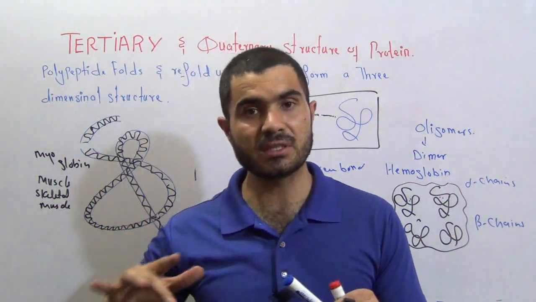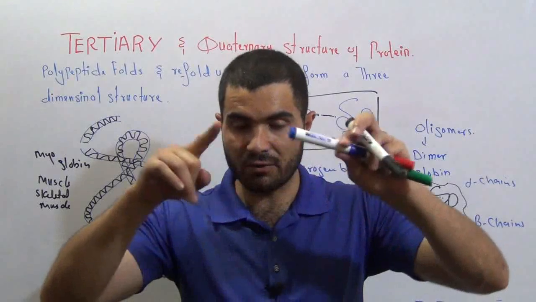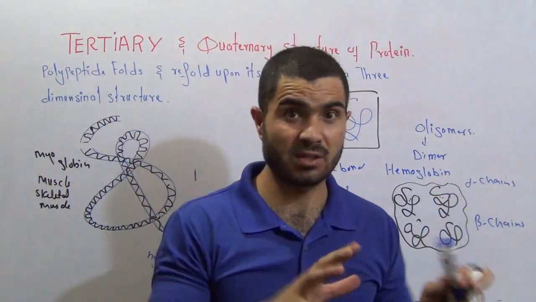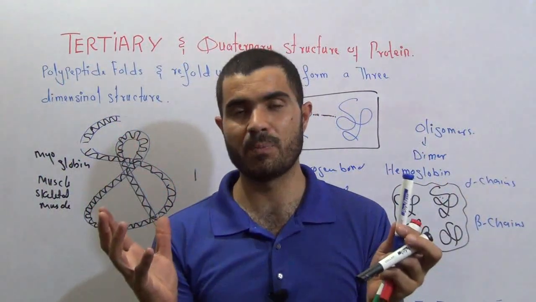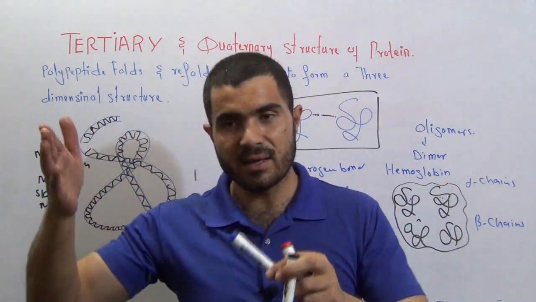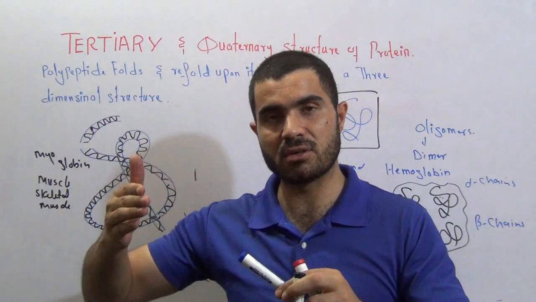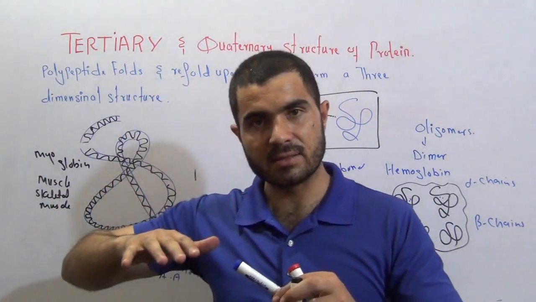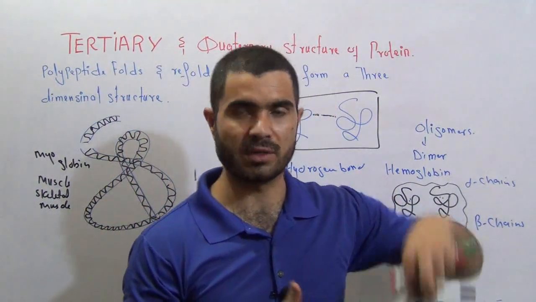But before primary structure, search the summary, where I have discussed overall the primary, secondary, tertiary and quaternary structure in just one video. That was the summary. And then slowly we discussed one lecture on primary structure, then another on secondary structure, and then tertiary and quaternary structure.